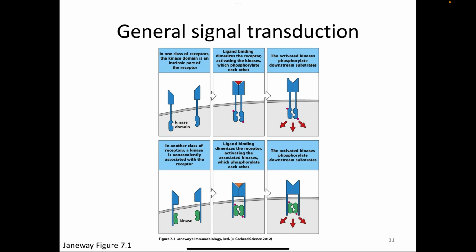And now they can phosphorylate each other. So they both have a place to be phosphorylated, a tyrosine, and they both have an ability to do phosphorylating, a kinase. And so they phosphorylate each other, which is shown here as these two pink dots being added. And now stuff happens because of those pink dots having been added.